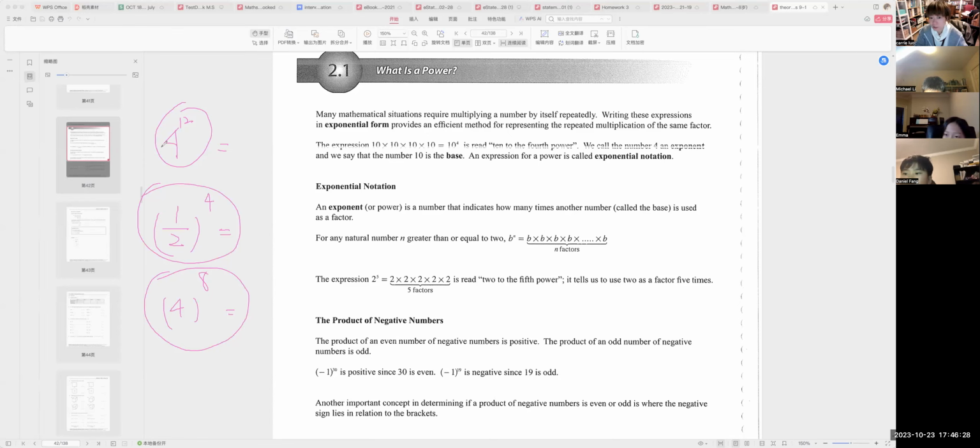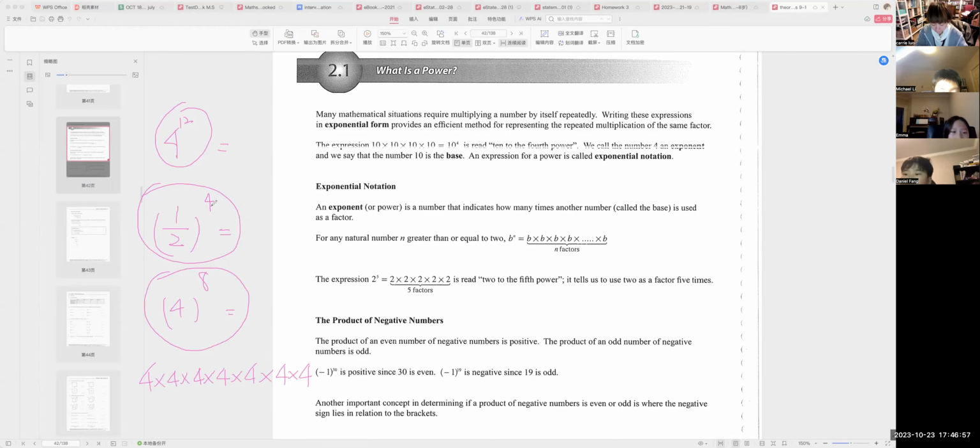Okay, so Michael, can you explain it to me? What is 4 to the power 8, or we say 4 to the 8th power? What does it mean? That means 4 times 4 times 4 times 4 times 4 times 4 times 4 times 4, for how many times? 8 times. Very good, 8 times. Good job. Okay, Emma, could you please explain it to me? Half to the 4th power means what?